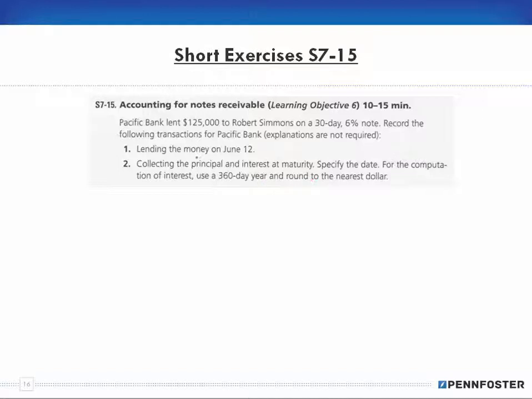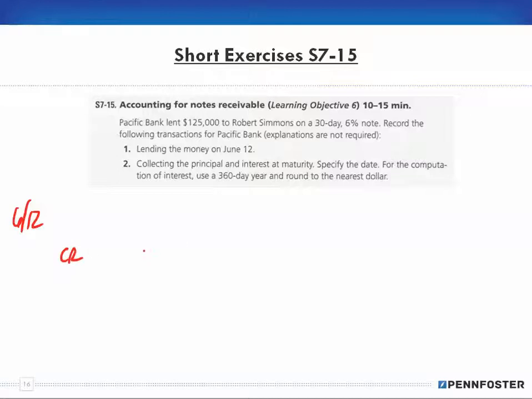All right, so number one, he's lending the money on June 12th. So my entry is going to be for June 12th. And if I'm lending the money, well, what am I doing? Am I affecting cash? Yes, cash is decreasing because I'm lending the money.